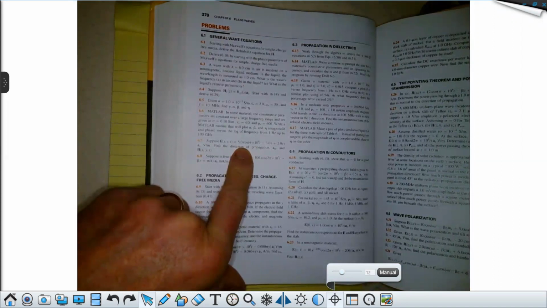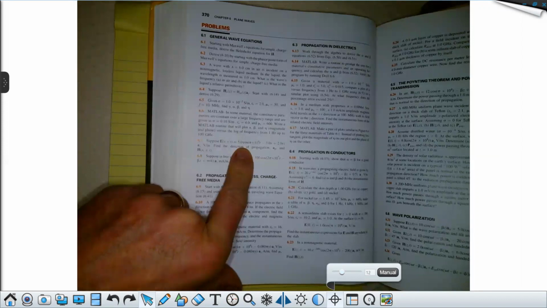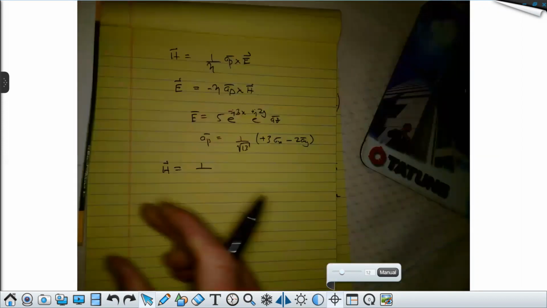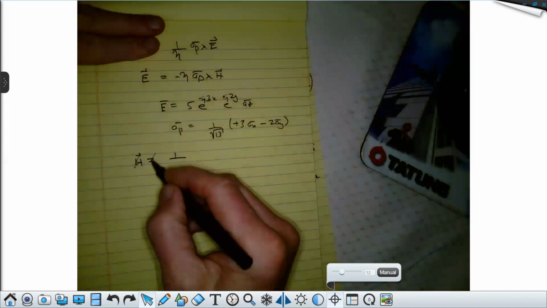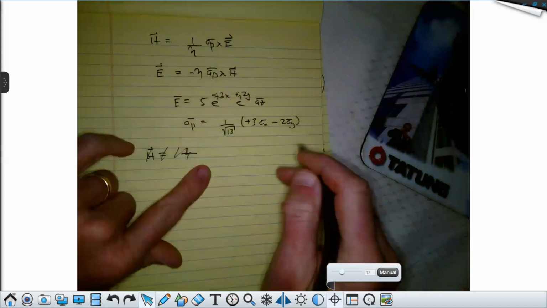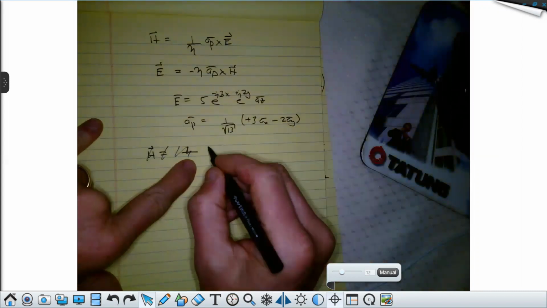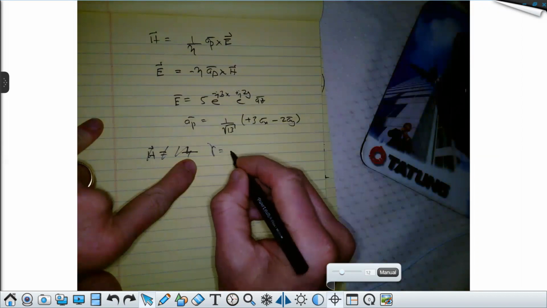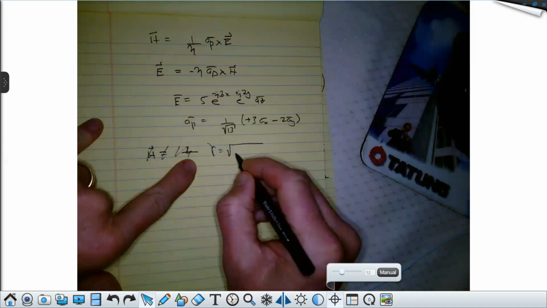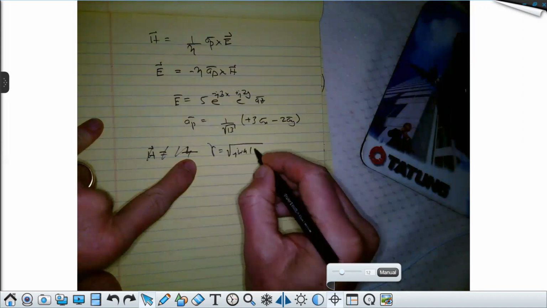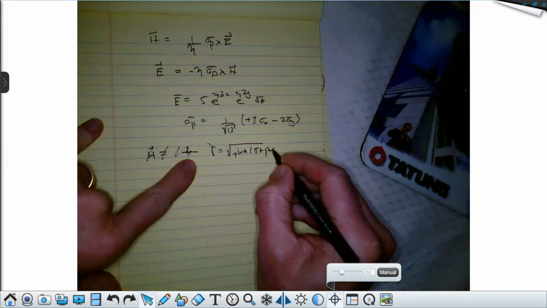And if it's lossless, the next thing we can do is find out what the value of mu and epsilon are. And he says non-magnetic. Are you ready to see how? All right, here's how. This problem has got everything in it and more. So we know that gamma is equal to the square root of j omega mu times sigma plus j omega epsilon.